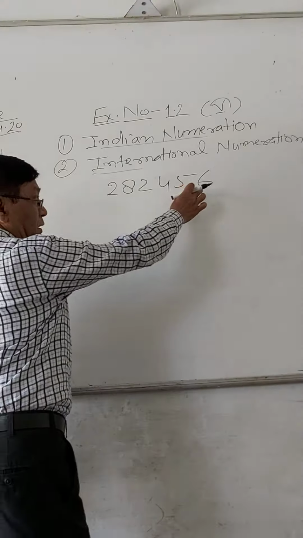So on the place of 10 lakhs, 2 is coming and on lakhs, 8 is coming. So in total you can read 28 lakhs. 4 crore, 28 lakhs. Then this is 24,000.